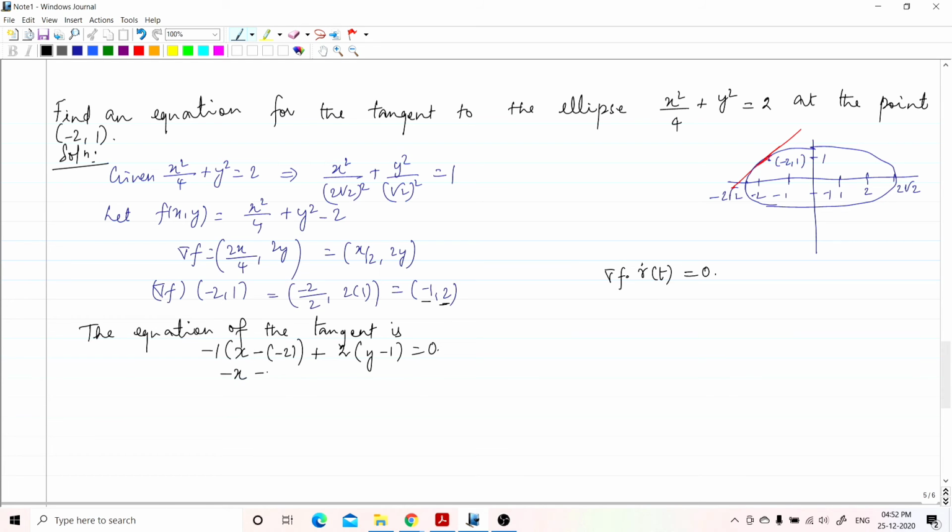When it comes inside, you are going to have minus x minus 2 plus 2y minus 2 equals 0. So equation of the tangent is x minus 2y equals minus 4. Okay, did you get the idea? Class, did you get the idea? Yes, sir.